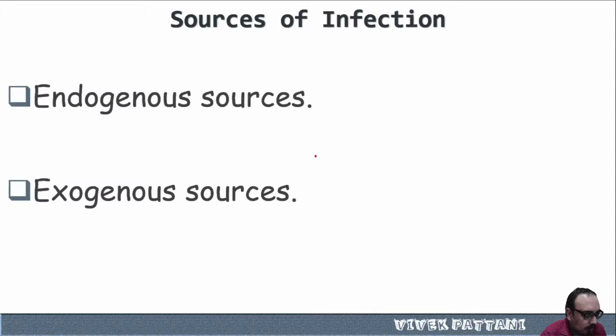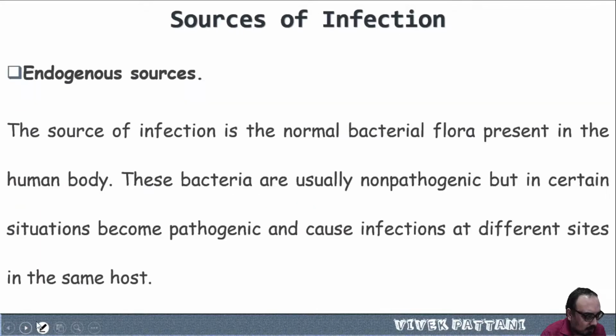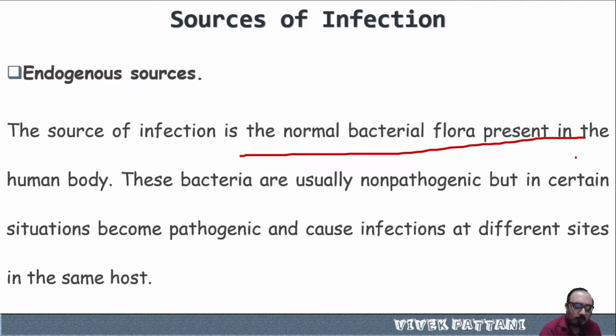Now moving forward with the sources of infection: endogenous sources and exogenous sources. With endogenous sources, the source of the infection is the normal flora present in the human body.